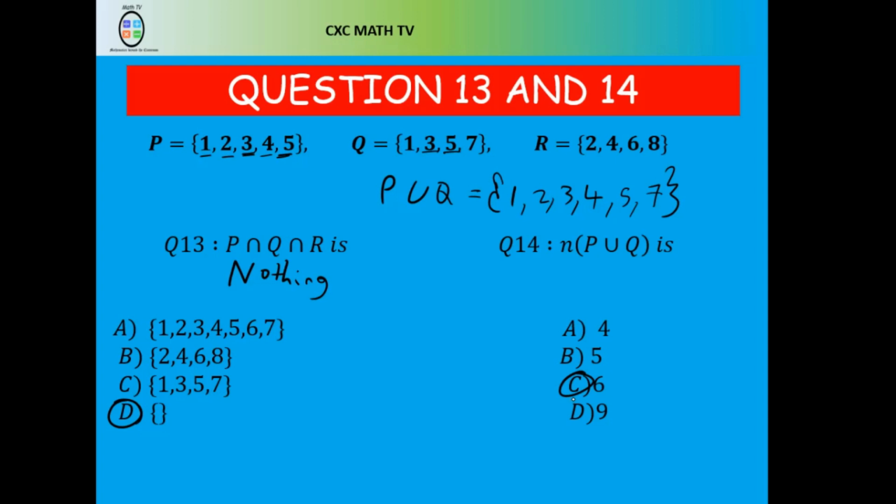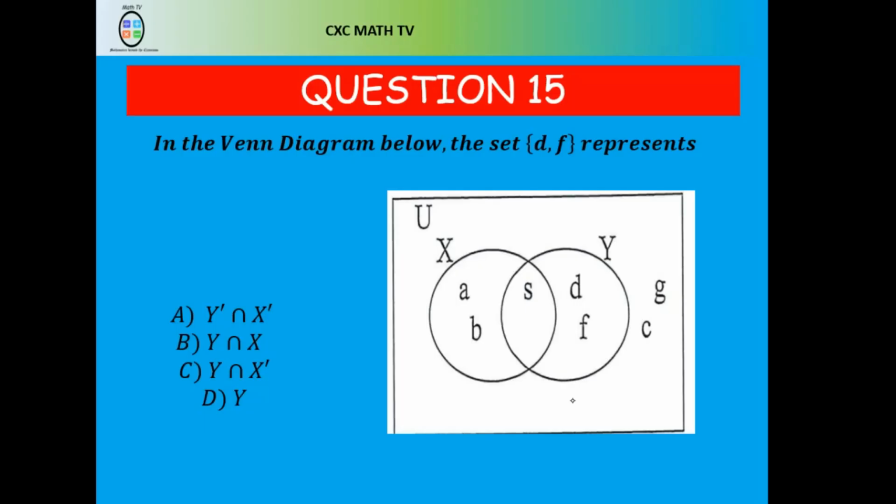Easy. Nice. And the last question before we go, it says in the Venn diagram below, the set DF represents. What does DF represent? Pause the video and attempt. First thing is to look at what the set DF represents.